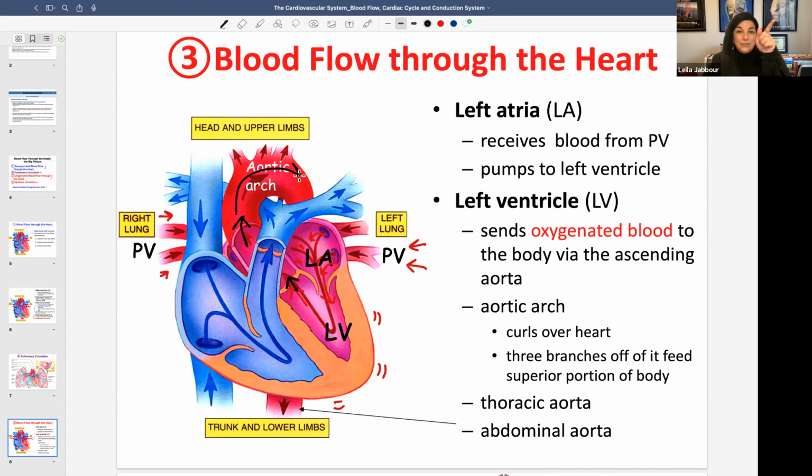And it turns into an aortic arch, and then it goes back down as a descending aorta through the thorax. And we already talked about the branching of the aorta and the cerebral circulation. But that's what the left ventricle is pumping the blood into. It's pumping the blood into the aorta via the aortic semilunar valves.